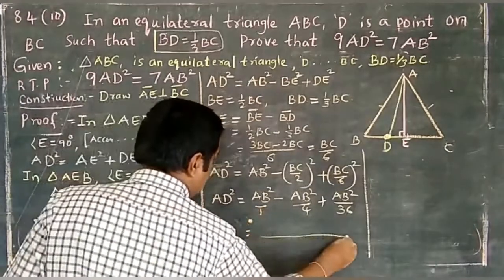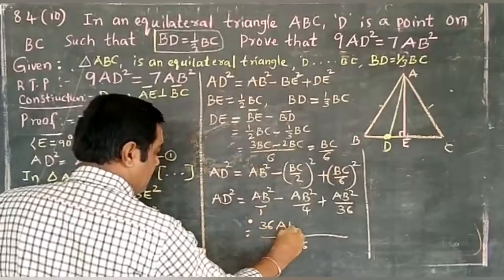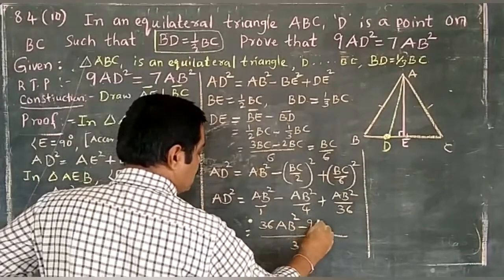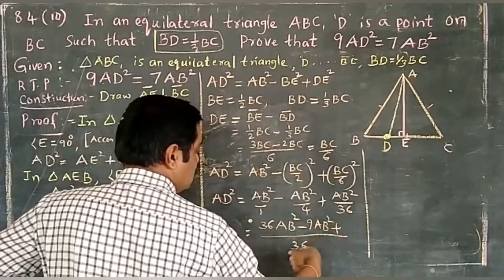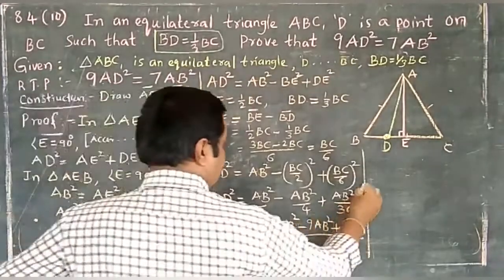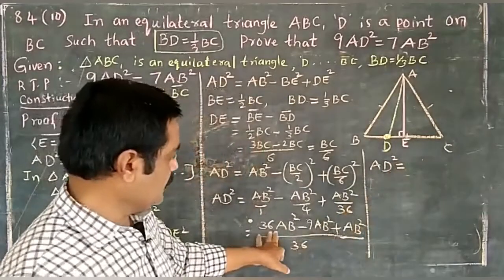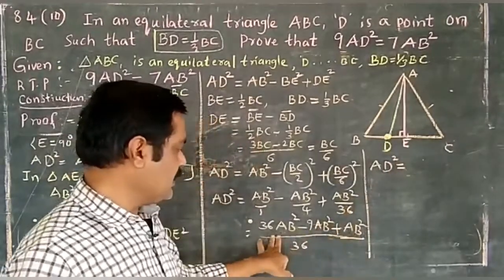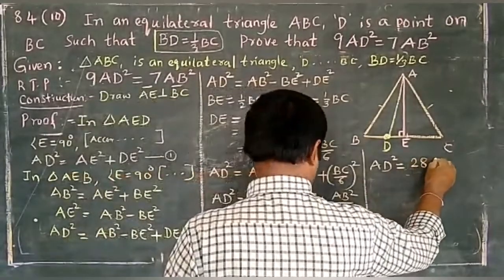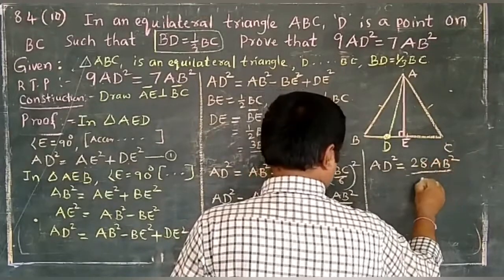36 is the LCM. So 36AB square minus 9AB square plus 1AB square. That gives AD square is equal to 28AB square by 36.